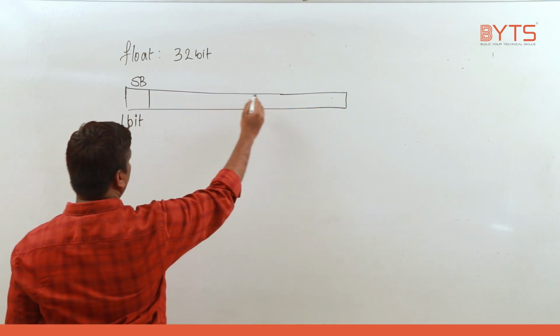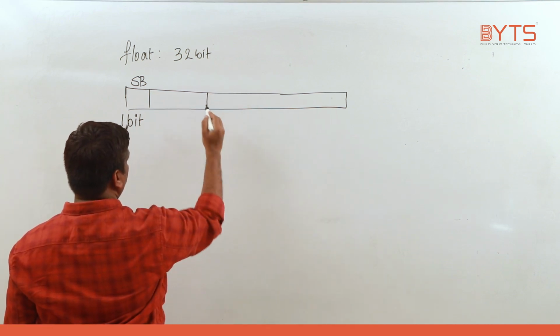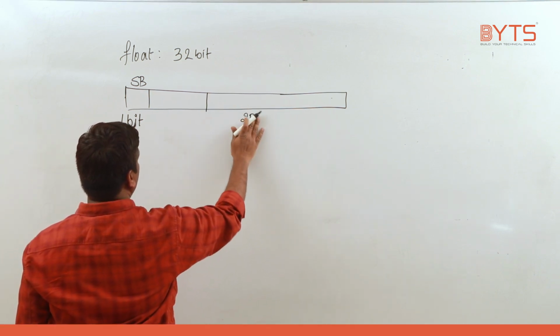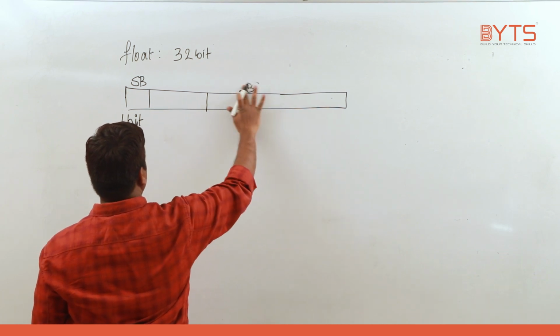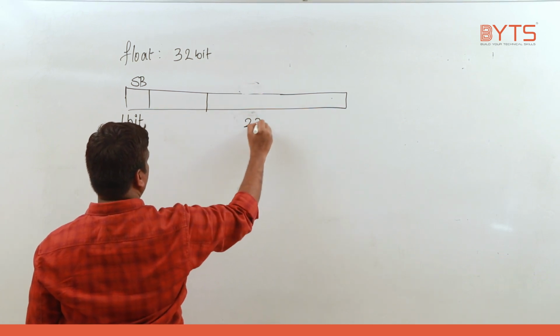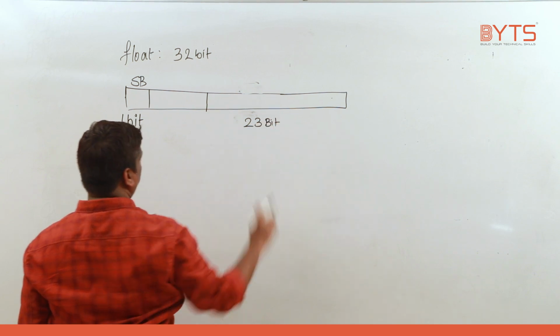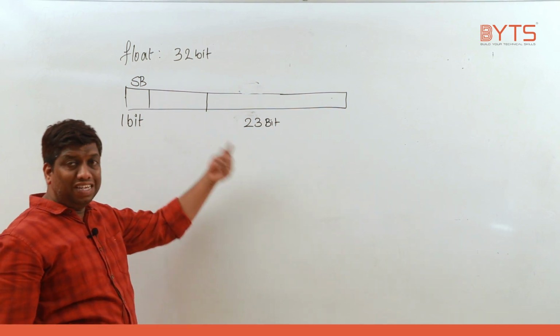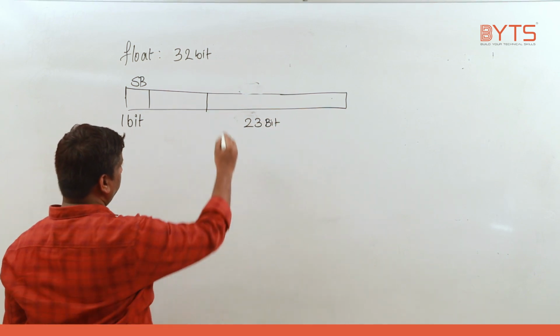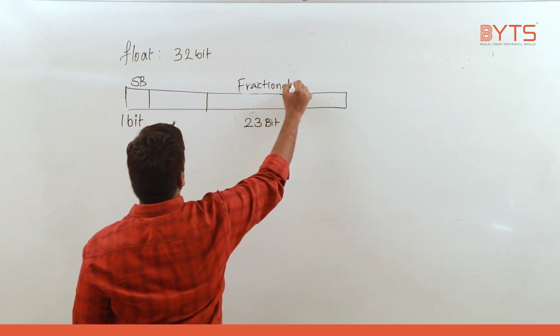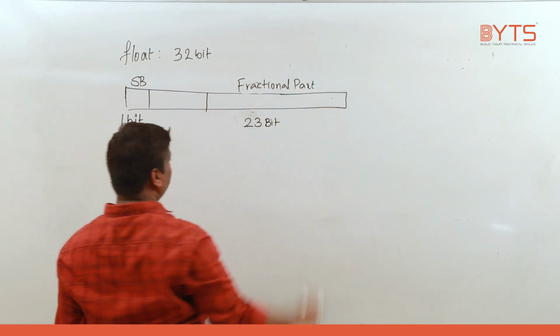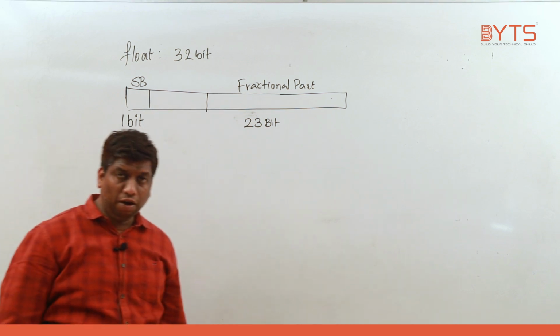Next we have 23 bits. This 23 bit is used to represent the fractional part.